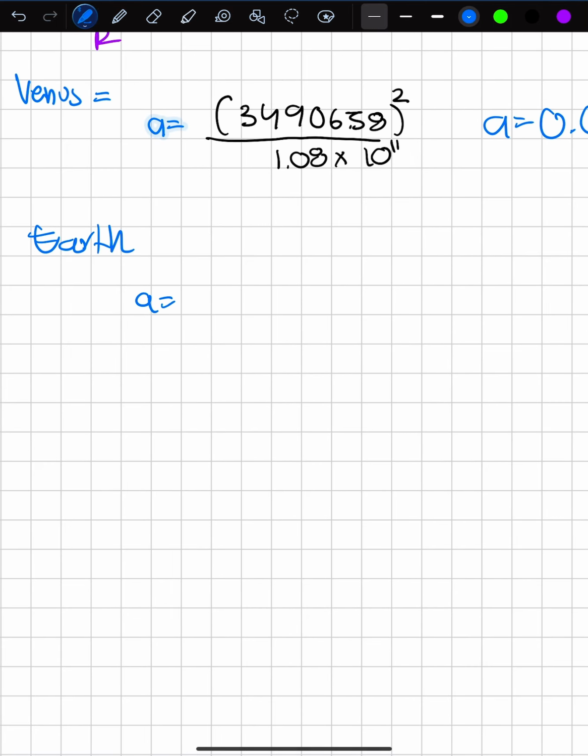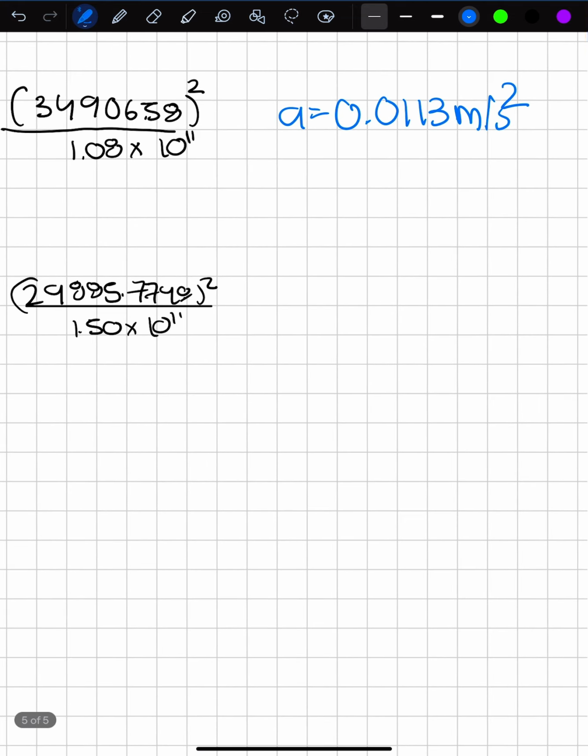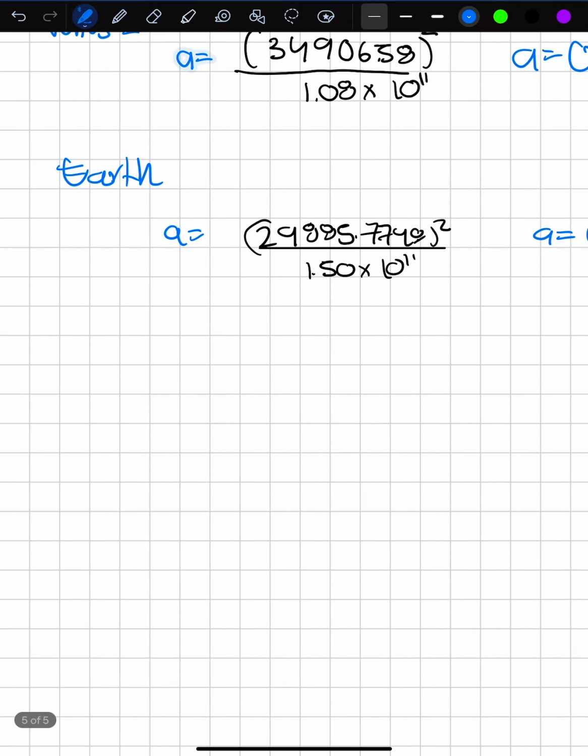Let's start with this. Now for the Earth one, we have our speed, I should say, squared over our radius. And then when we plug that into our calculator, we get that the centripetal acceleration for the Earth is going to be 0.0060 meters per second squared. Now for Mars, we have the following.